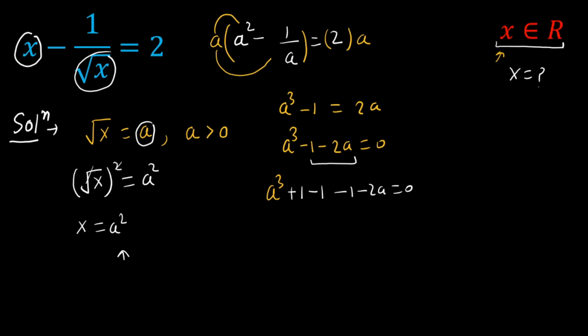Here a cube plus 1. Look carefully at this expression. We know that a cube plus b cube equals a plus b multiplied by a square minus a times b plus b square.